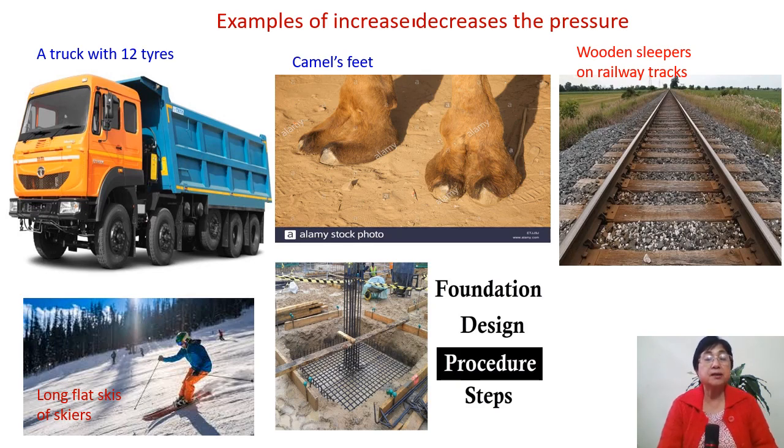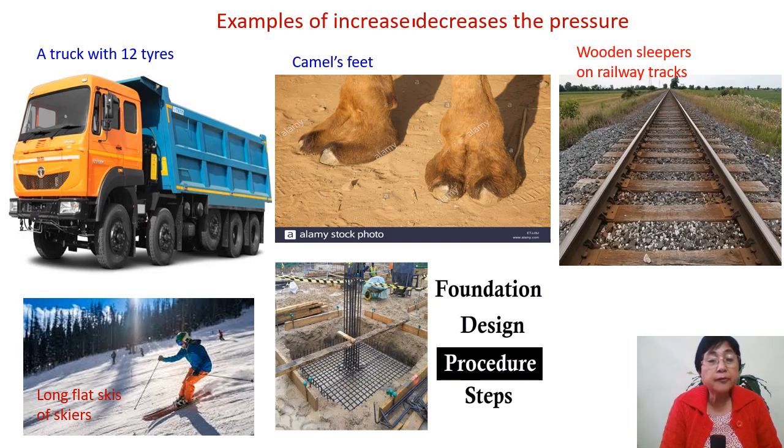So only 4 tires. We have to remember, for a truck or any vehicle, the point of contact to the ground is only at the point where the tires come in contact with the ground. There's no other point where a truck will come in contact.